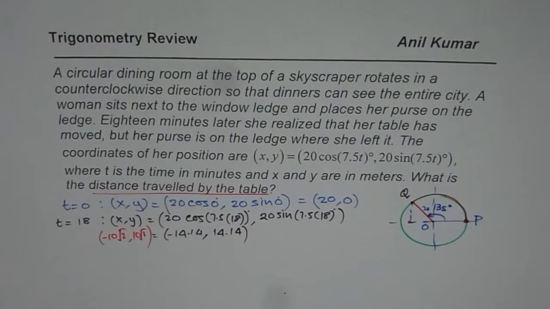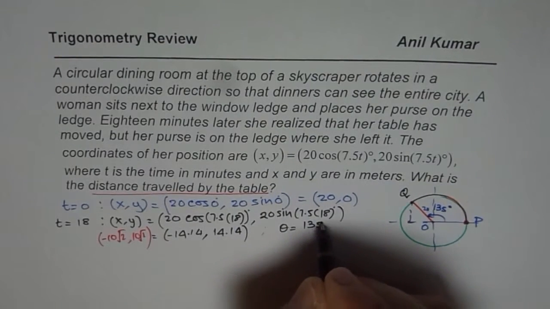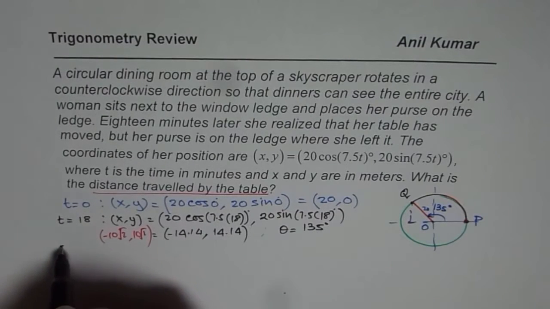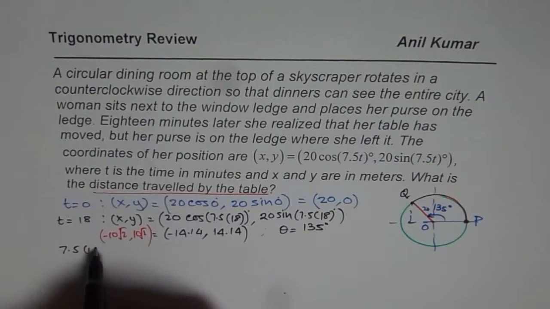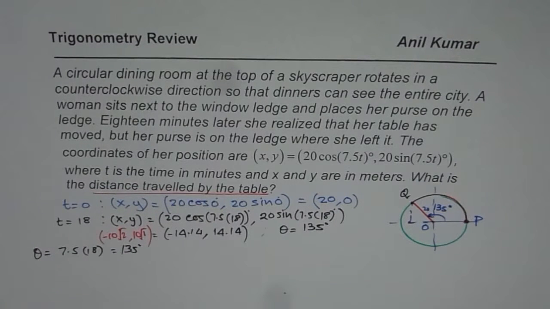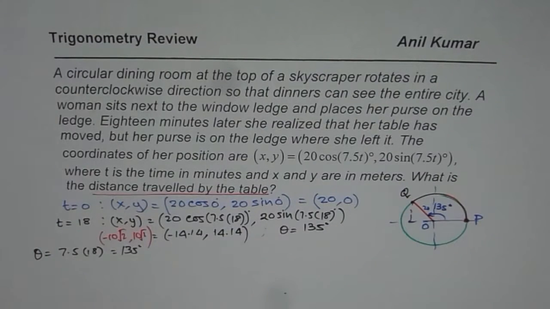Perfect. Now we know the rotation. Let me write down here: rotation angle theta is 135 degrees. We know the angle by multiplying 7.5 times 18, which is theta, 135 degrees. Now again, the question is, what is the arc length PQ?